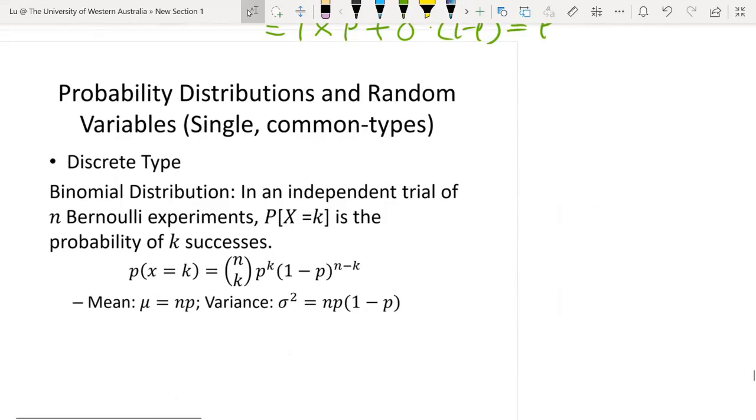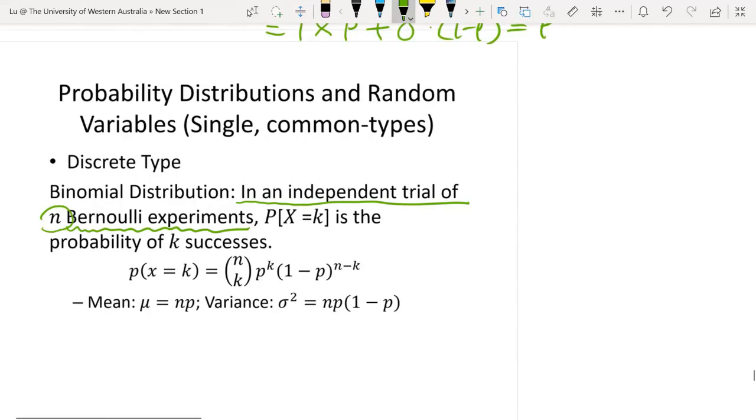The binomial distribution comes from the Bernoulli distribution. You can see here, for this distribution, in an independent trial of n times Bernoulli experiments. In other words, this binomial distribution is a sequence of Bernoulli experiments.